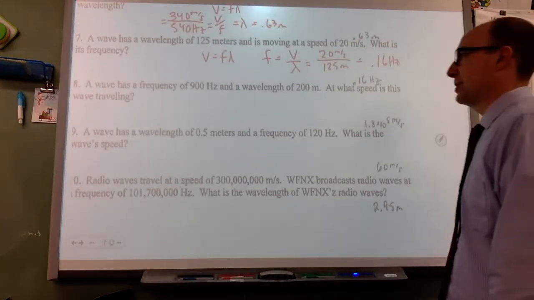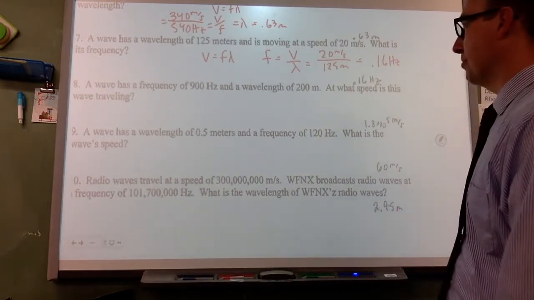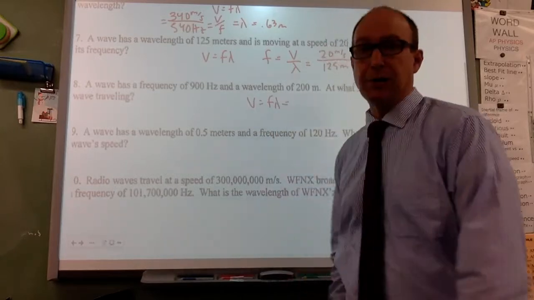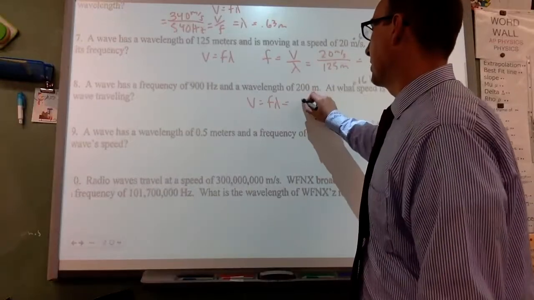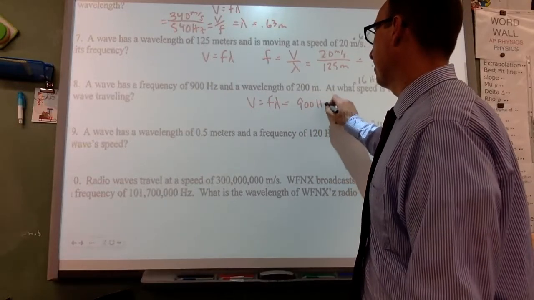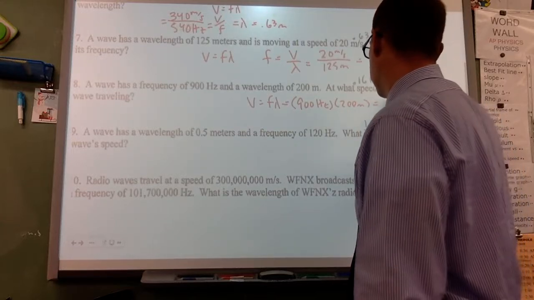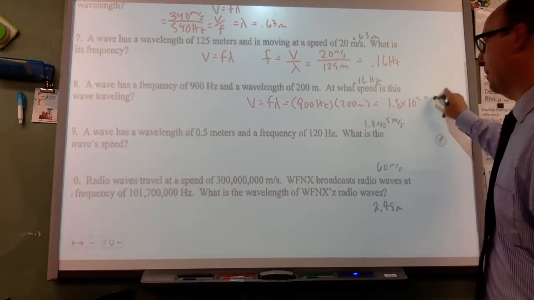A wave has a frequency of 900 hertz and a wavelength of 200. What's its speed? In this case, you don't even have to move the equation around. It's in the proper form for you. So this is going to be 900 times 200, which is 1.8 times 10 to the 5th meters per second.